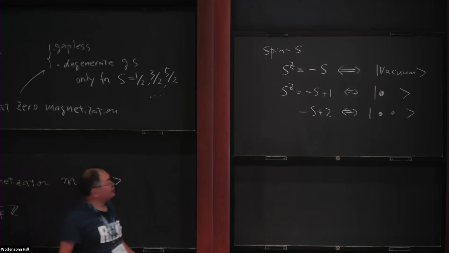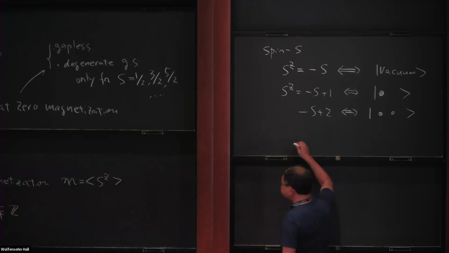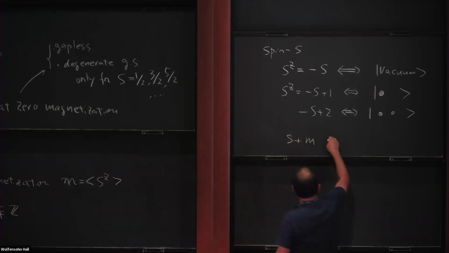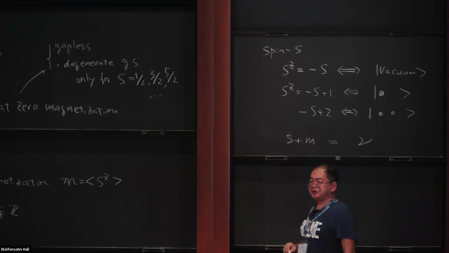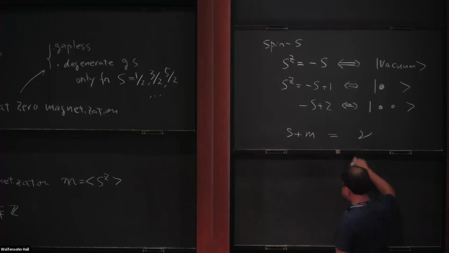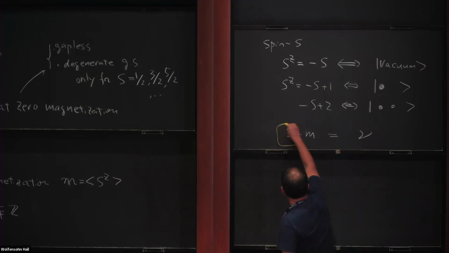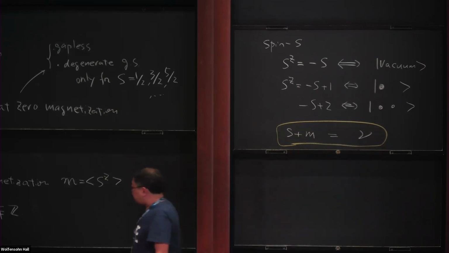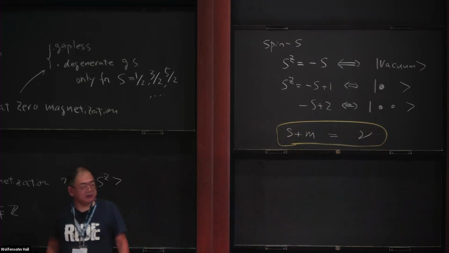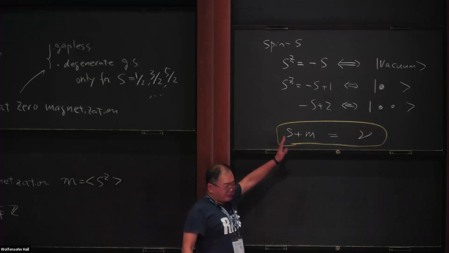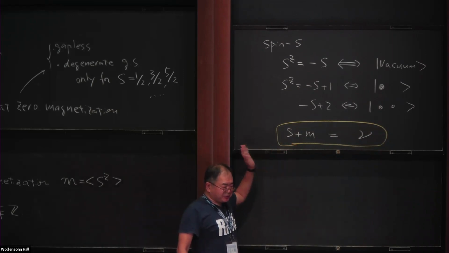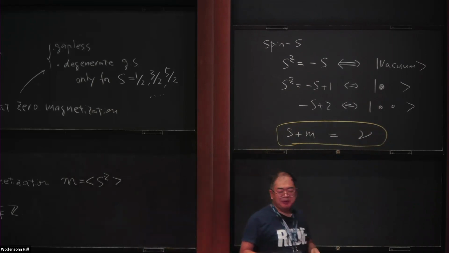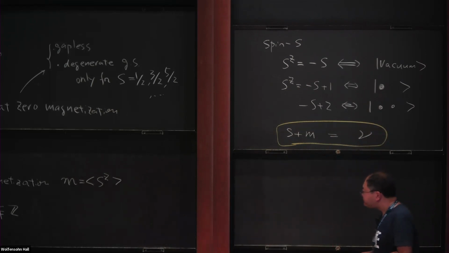So this mysterious number S plus M is nothing but the number of magnons per site. Then you can apply this Lieb-Schultz-Mattis theorem not just for quantum spin systems, but for more general many-particle systems, including fermion systems.